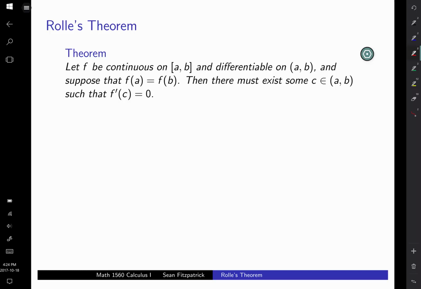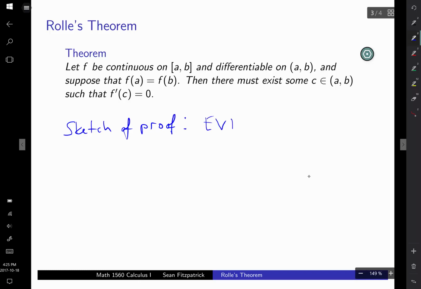Okay. And so let me walk you through. I'm not going to do the whole proof, but let's just sketch the proof. Because f is continuous on the closed interval, we know from the extreme value theorem that f must have a max and a min.